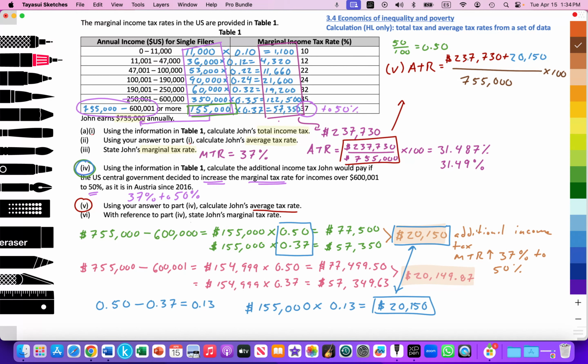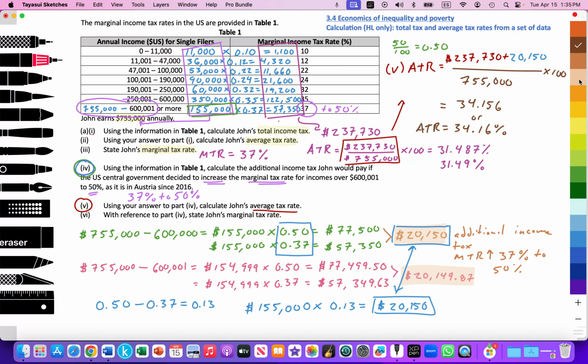So 237,730 plus the change, 20,150, over the total income works out to 34.156, or I can simply state 34.16, rounded up. And so that is his new average tax rate.